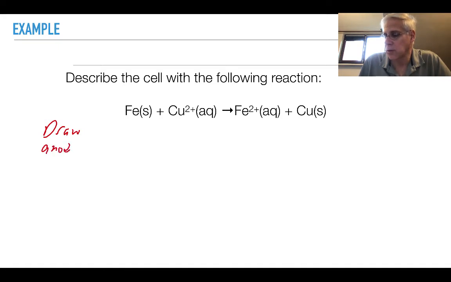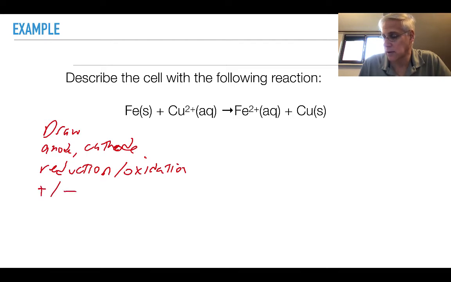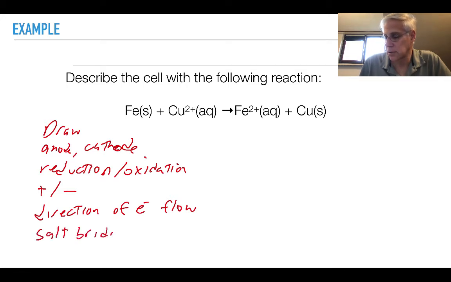label the anode, the cathode, identify the site of reduction and oxidation, positive or negative electrodes, direction of electron flow, and the interaction of the salt bridge with that circuit as well.